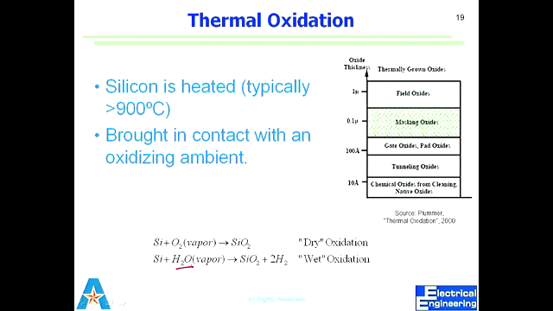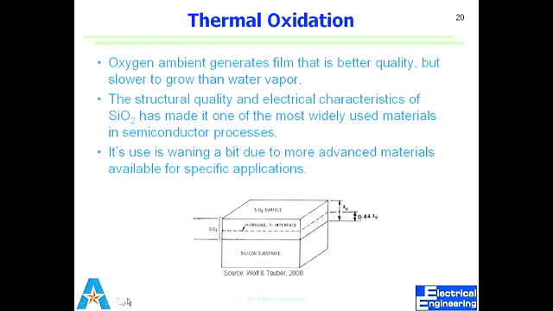Student: Which one were you talking about with the extra hydrogen? The wet oxide, I'm sorry. The wet oxide and dry oxide have different reactions that occur. Without vapor, if we have just oxygen, that creates a better quality oxide, but it's slow to grow.